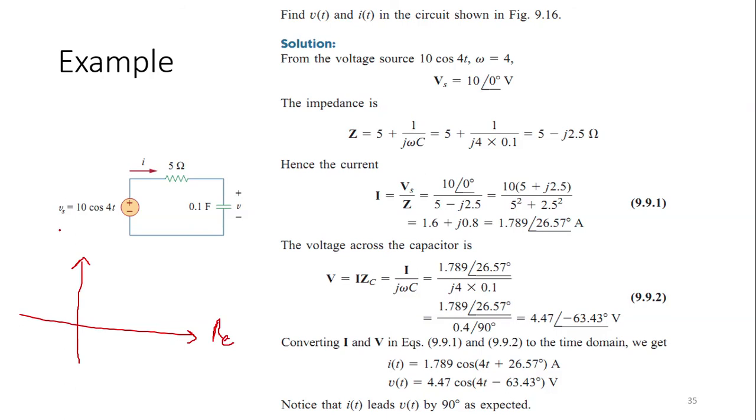This is the real axis, this is, let us say, the imaginary axis. What we see is the current is at plus 26.57 degrees. Positive angle is always measured in counterclockwise direction. So this is the current phasor I. Its magnitude is 1.789, rounding off 1.79, and the angle is 26.57.